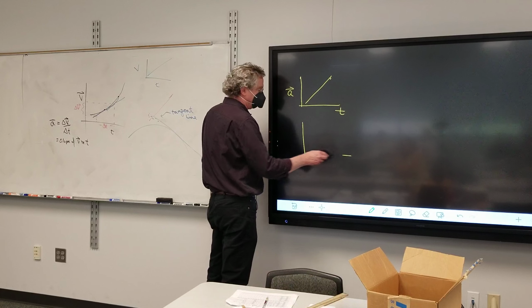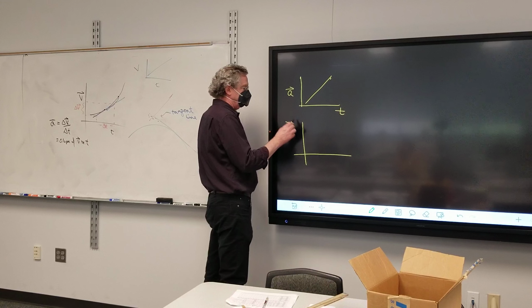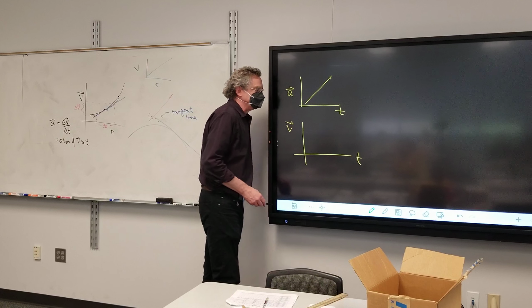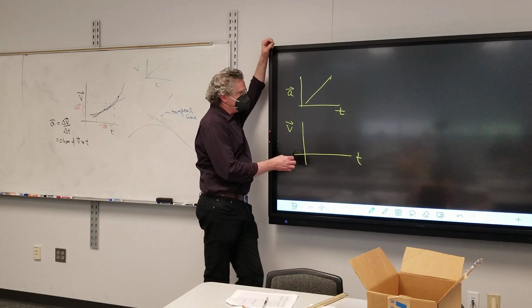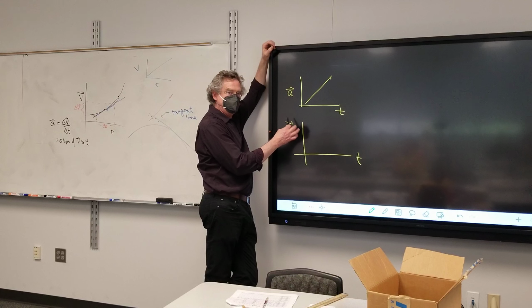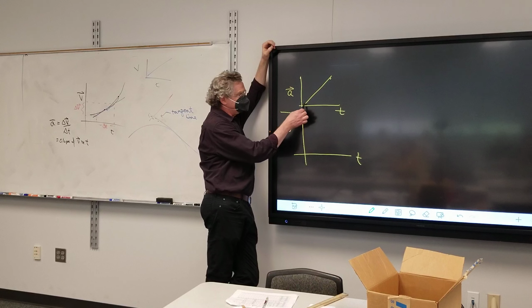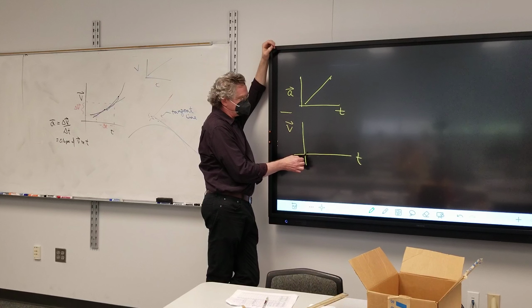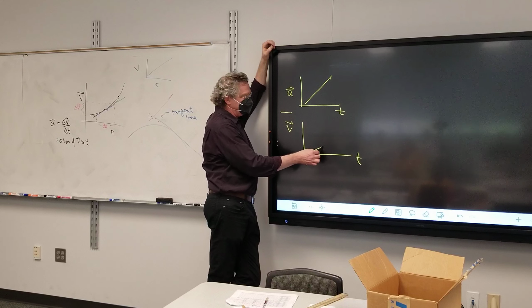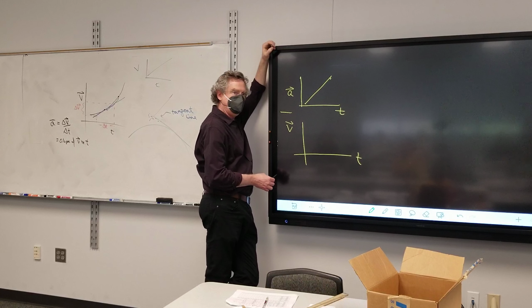So my velocity time graph is going to start out, I know if acceleration is 0, my velocity time graph is horizontal. So it's not quite starting at 0, so it starts out with a small slope, and the slope gets bigger and bigger.